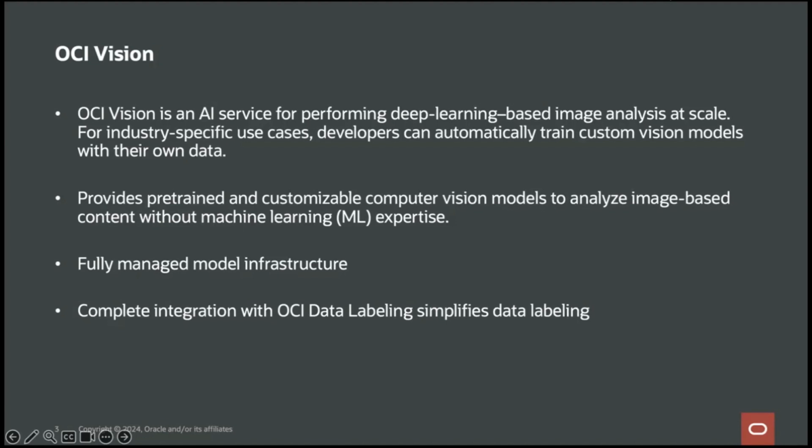All of these are pre-trained models that you can directly use to analyze images. You can also customize some of our models using custom models within the AI service. The OCI Vision service is fully managed, so you don't need to care about the underlying infrastructure, where the service is running, or what kind of model it's running. All of that is taken care of for you.